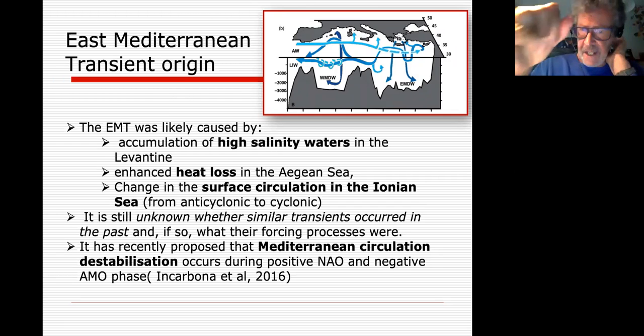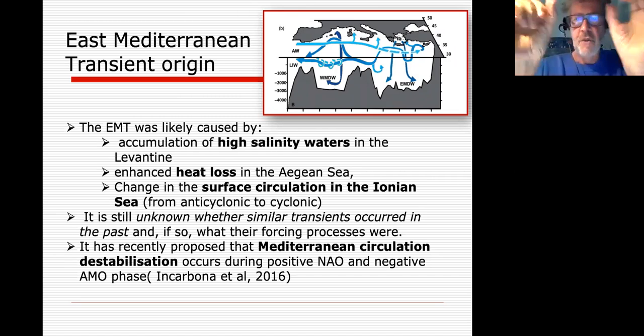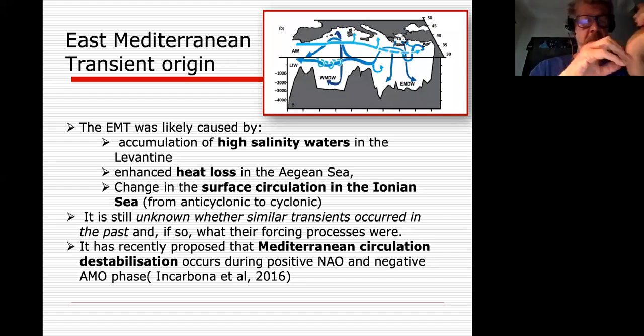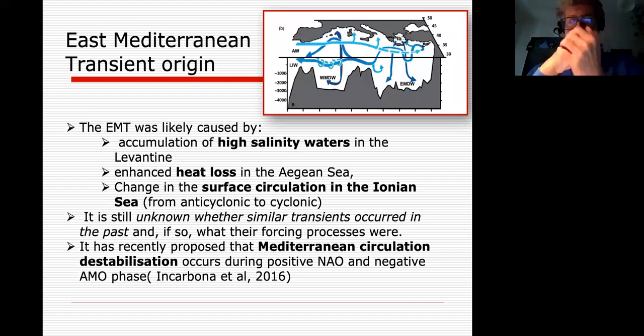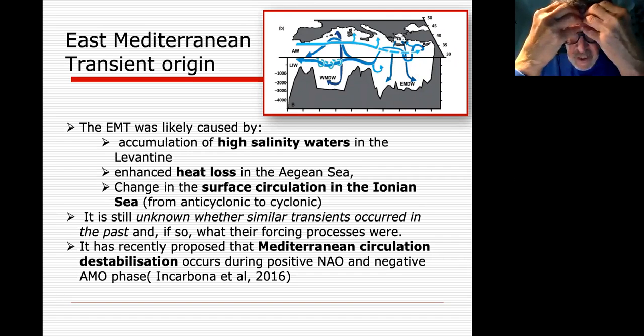Being connected to the heat loss, so to the forcing field, and input of vorticity by storm track during winter in the Ionian Sea, it possibly can also influence the surface circulation.